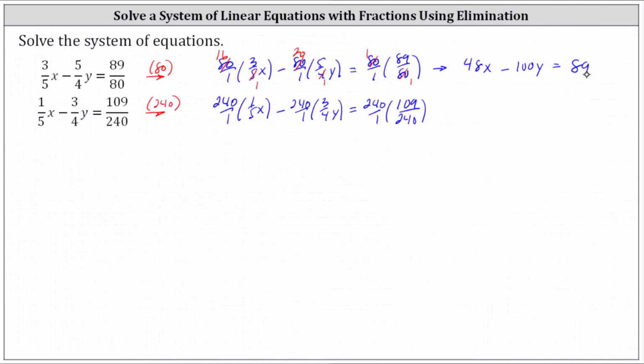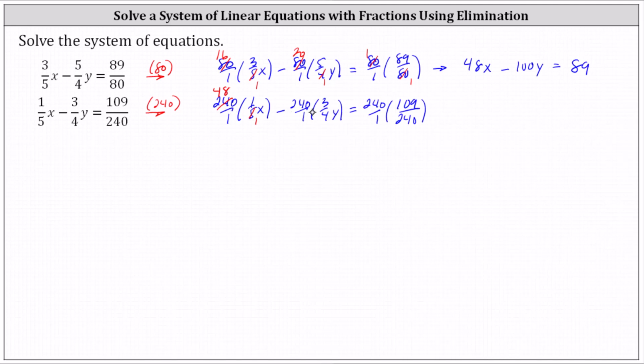And now for the second equation, again, we will simplify before multiplying. For the first product, 240 divided by 5 equals 48, or 240 and 5 share a common factor of 5; there is 1 5 in 5, and there are 48 5s in 240.